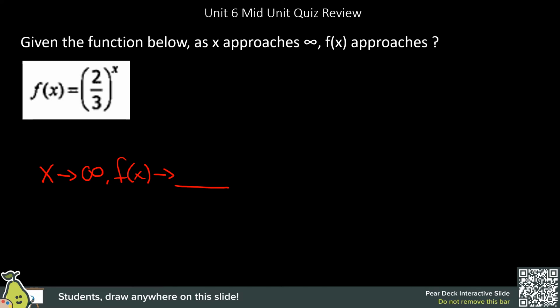So again, as x is approaching infinity, so as I'm going to the right, my f(x) is doing what? Is it going up? Is it going down? Is it going to infinity? Negative infinity? Is there an asymptote? That might be a situation that's occurring here too. Graph it. Take the time. Okay, guys? All right, let's go ahead and move on to the next question set.